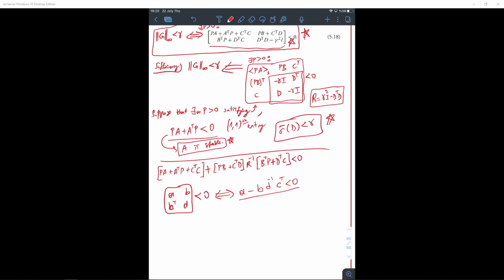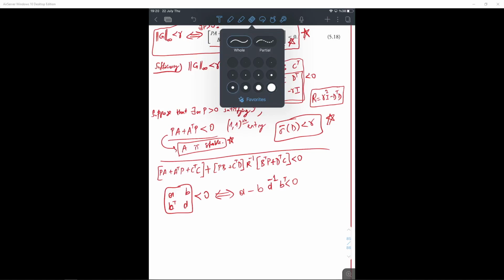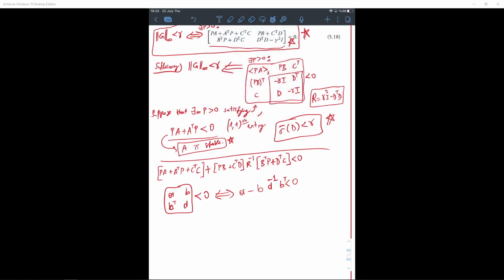Okay, so let me not write C transpose. Oh, I messed it up. B and D inverse and B transpose less than. Okay, let me use this. Okay, rather this.